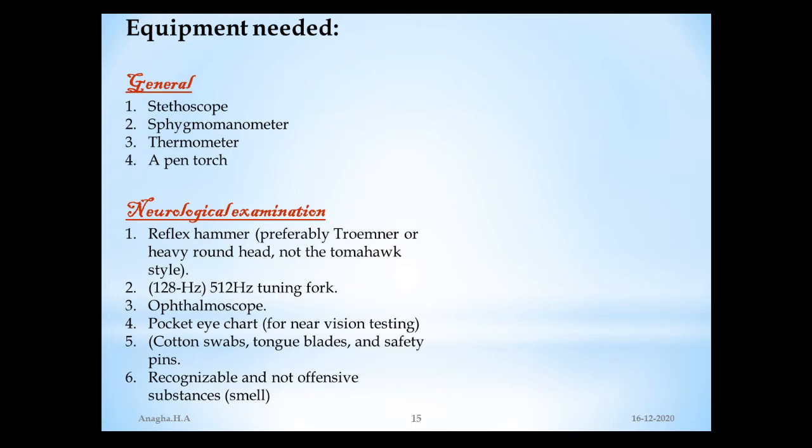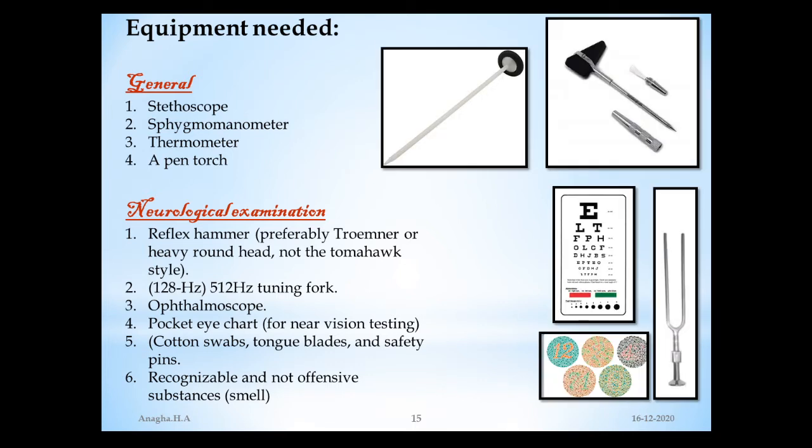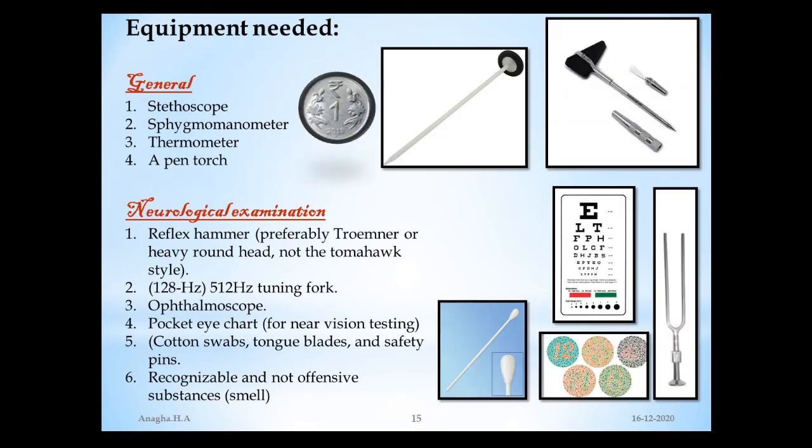And an ophthalmoscope, pocket eye chart, cotton swabs, tongue blades, safety pins, and also, if you can, carry a coin and recognizable, non-offensive substances. For checking the olfactory nerve, you shouldn't carry offensive odors, but the very usual ones like coffee, or you can carry a lemon. These are the things you need to carry before performing the neurological examination.